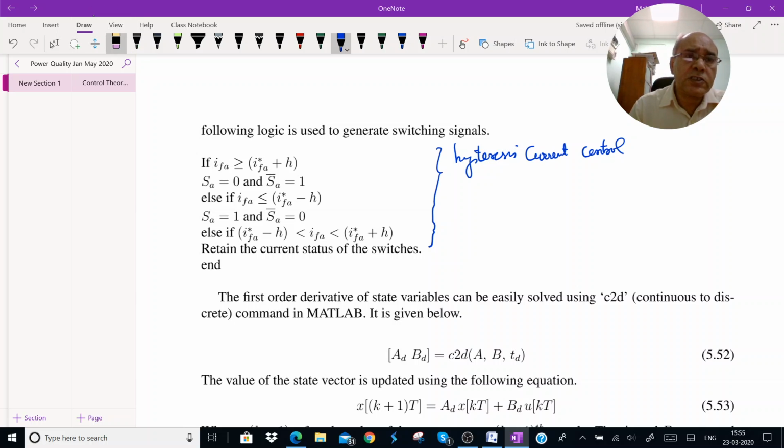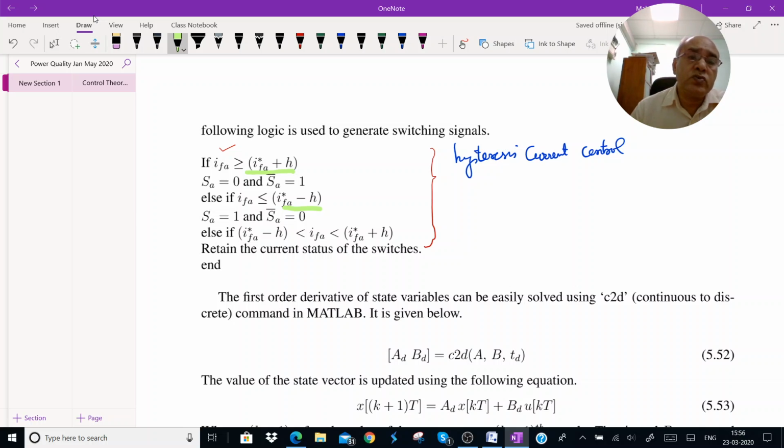What we are doing is comparing the actual current, which is IFA, against IFA star plus H, this term here, and IFA star minus H, and we take a decision whether the upper or bottom switch should be on or off.